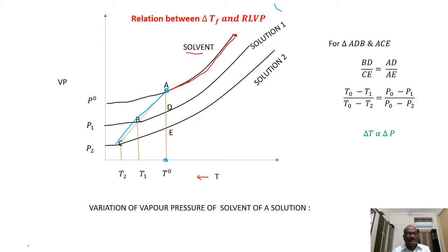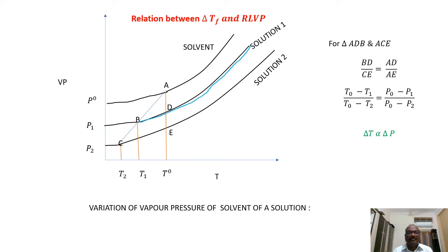Clear? Now we see the vapor pressure curve of solution 1, in which a non-volatile solute is dissolved. In the case of solution 1 also, at a particular temperature the solution system is there. Now gradually, when you are decreasing the temperature or cooling solution 1, its vapor pressure will fall exponentially.